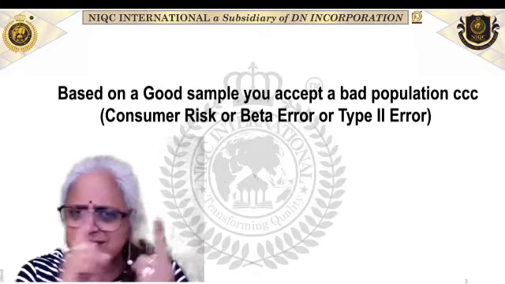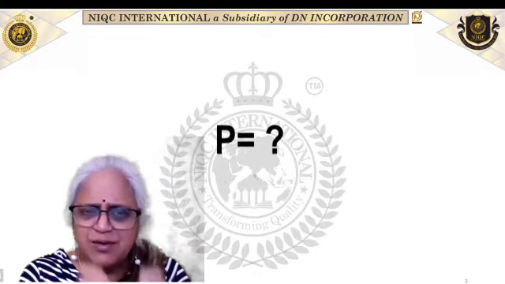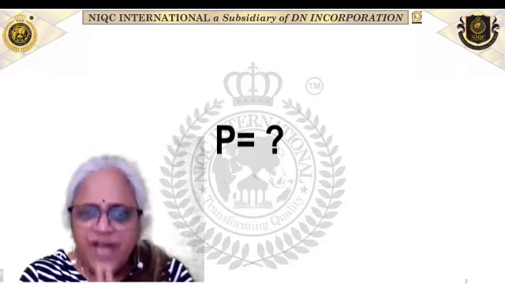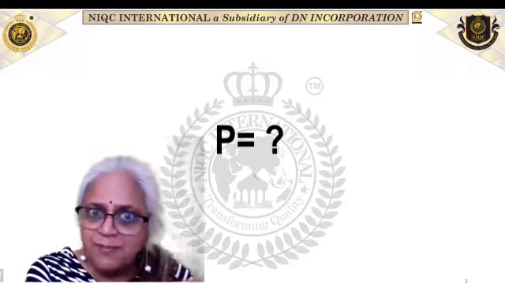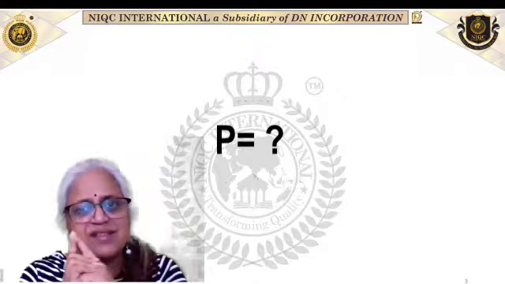So based on this, the p-value indicates to you whether to go with the null hypothesis or to go with the alternate hypothesis. When p is greater than 0.05, you will always go with the null hypothesis. And if p is less than 0.05, you will go with the alternate hypothesis.